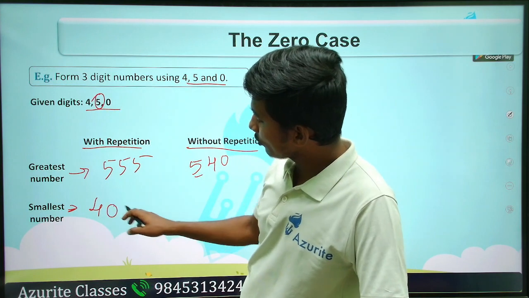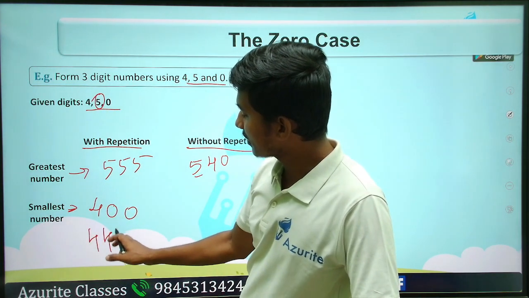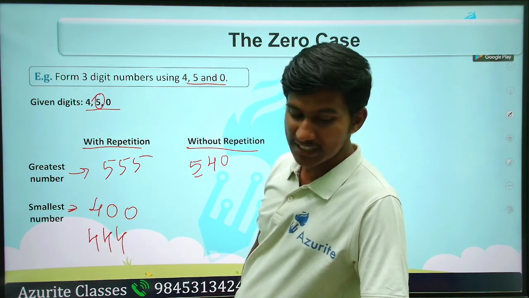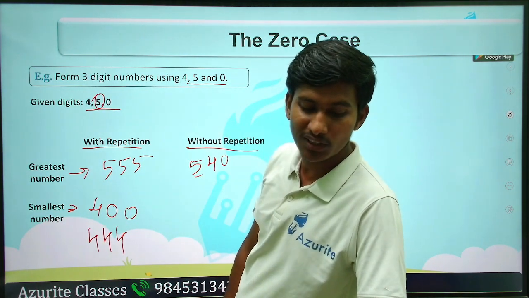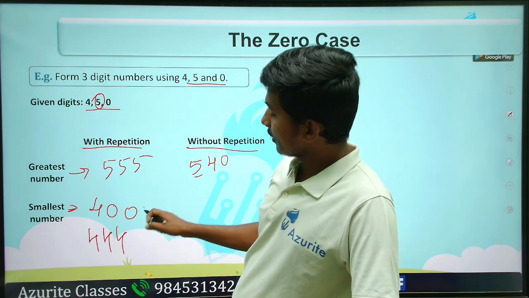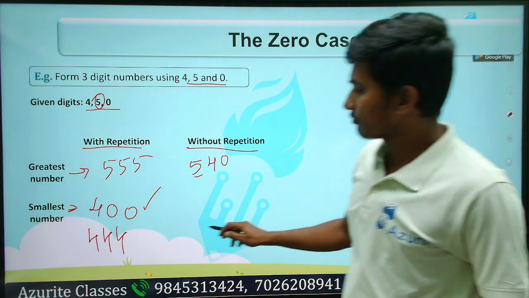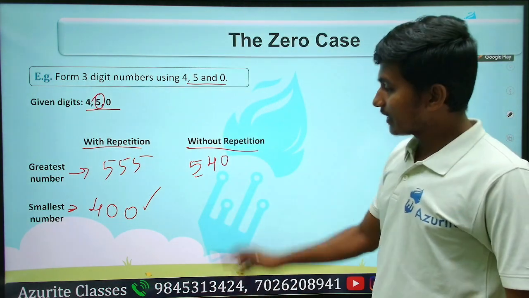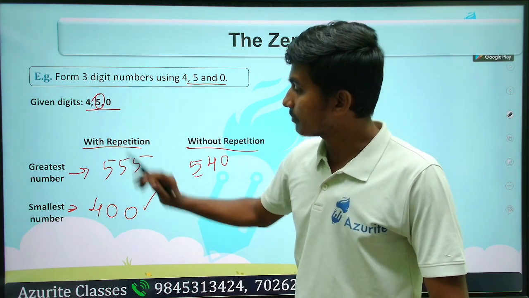It will be 400. If you write 444, which is smaller? 400 is smaller, not 444. So that will be the answer for with repetition.